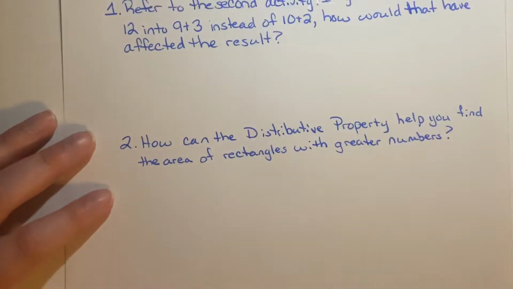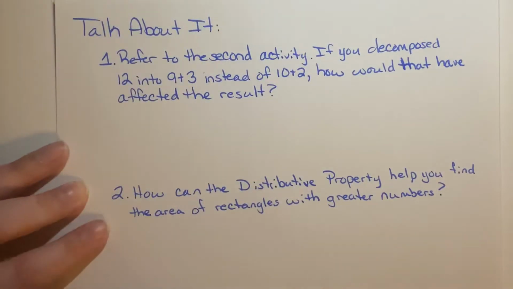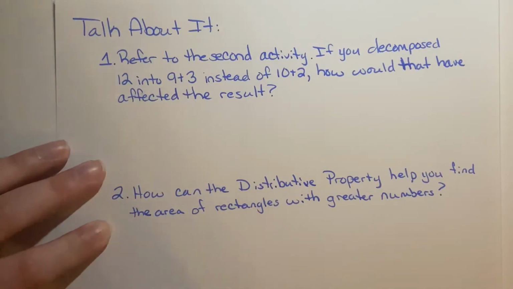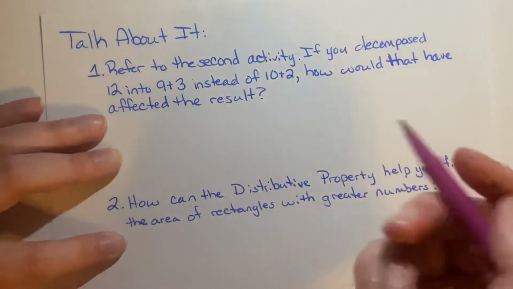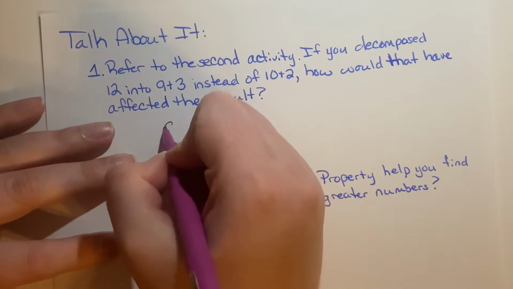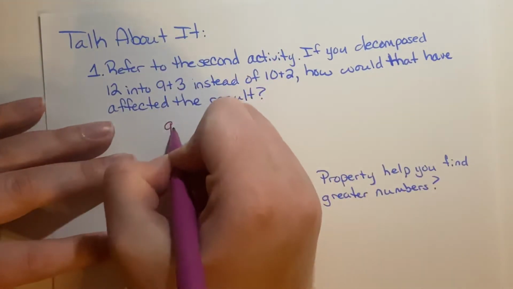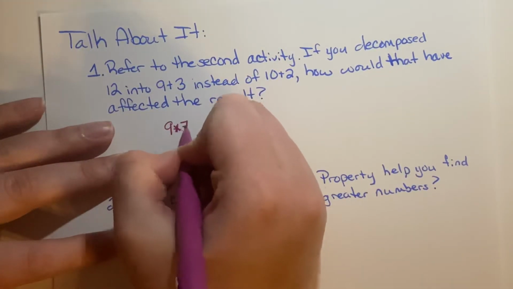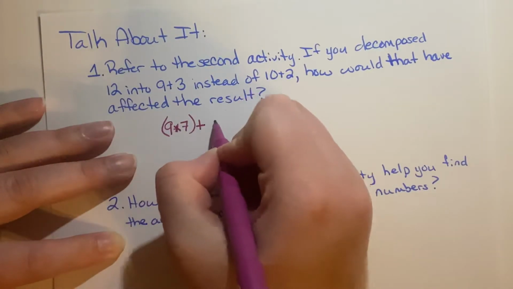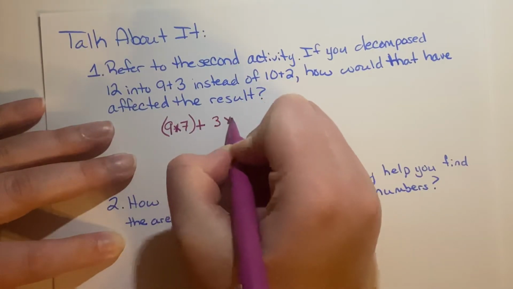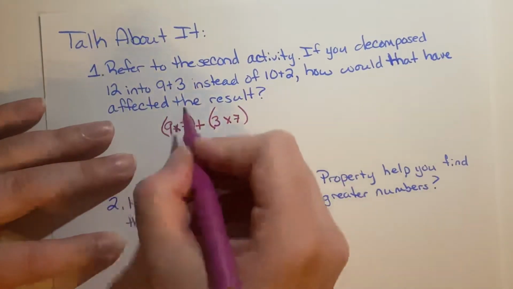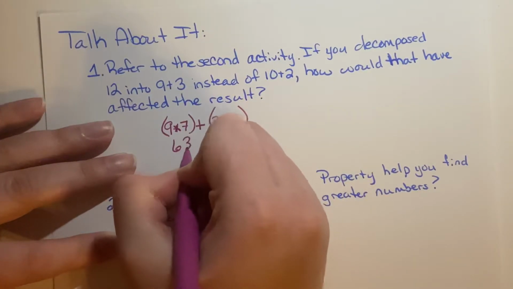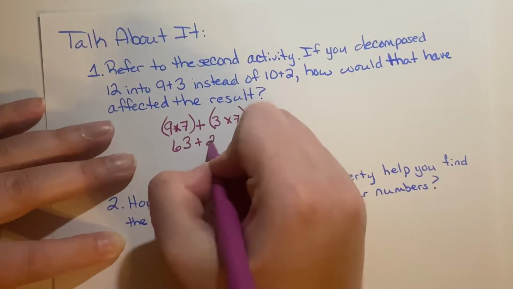So let's talk about it. Refer to the second activity that we just did. If you decompose 12 into 9 and 3 instead of 10 and 2, how would that have affected the result? Well, let's see. Let's do 9 and 3 then. We know 9 would be the first one, and we would multiply that by 7. And then we had 3, and we multiplied that by 7. Well, 9 times 7 is 63. And 3 times 7 is 21.